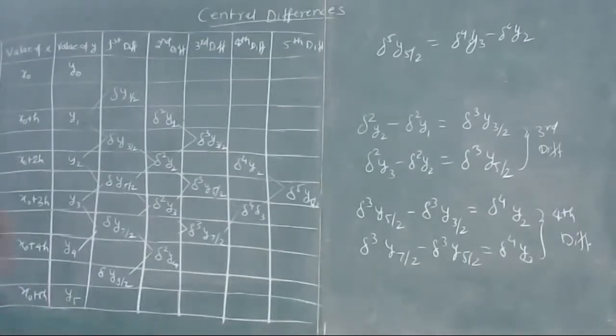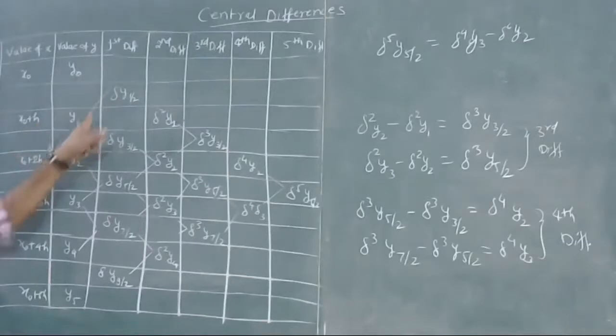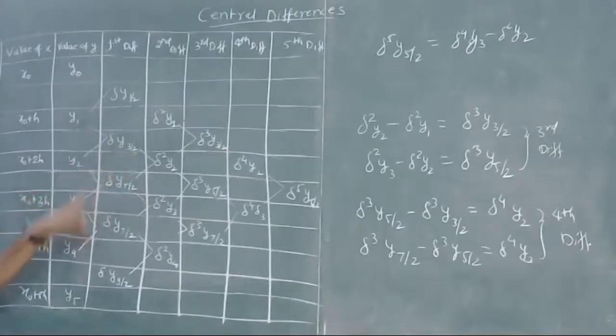So first we started with value of x, then value of y. Difference of y1 minus y0 is del y1/2. 1 plus 0 divided by 2 gives you 1 by 2. We have 2 plus 1 divided by 2, 3 by 2. 3 plus 2, 5 by 2. 4 plus 3, 7 by 2, 9 by 2.